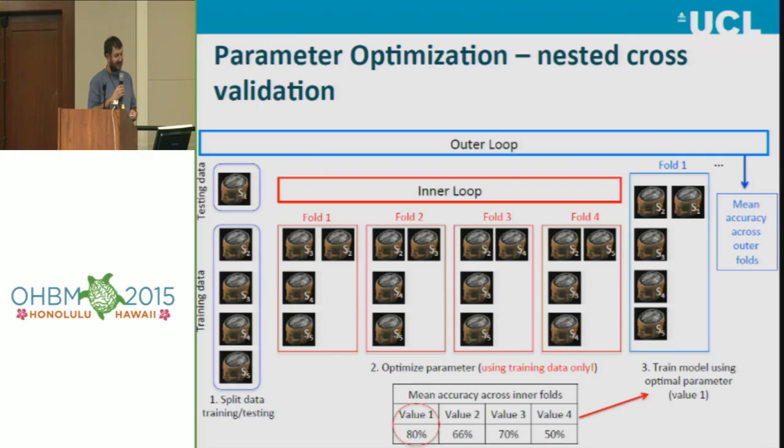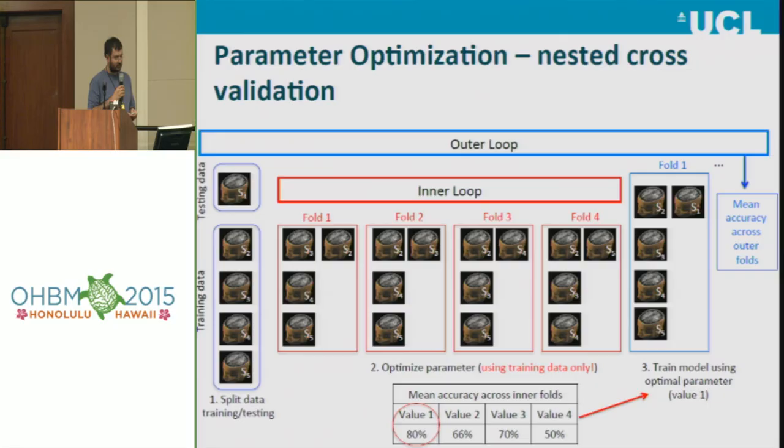So here we have an example of what's known as nested cross-validation. This is something that you need to do if you're estimating what are called hyperparameters associated with the particular model that you want to use. It's essentially the same as cross-validation, except there's another layer, another set of loops, an inner set of loops, that you need to do.